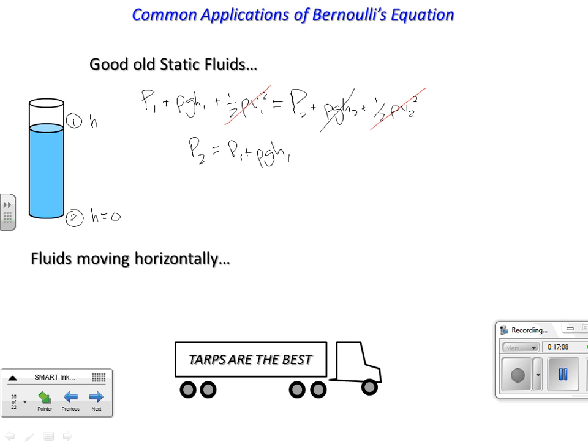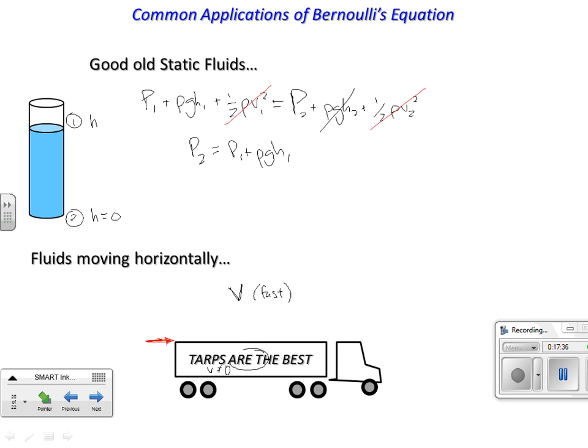Up here we have air that's moving fast. In here we have air that's really not moving relative to the truck. When you're in the back of the truck, it's not windy in there. You're standing on top of the truck, it's windy as all get out because the air relative to the truck is moving fast here.